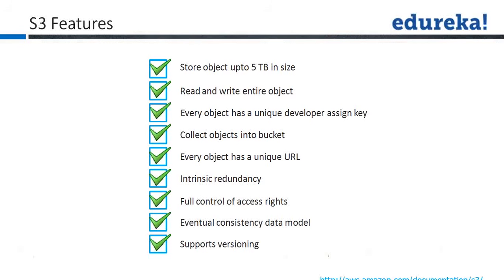Once you enable versioning, it will not delete the original one, and it will keep creating a new version every time you upload an object. The only trick here is that versioning is supported from the APIs and SDK only. If you want to get the older versions of the objects, you can get them only from the APIs and SDK. Currently, that is not supported from the Amazon S3 console.